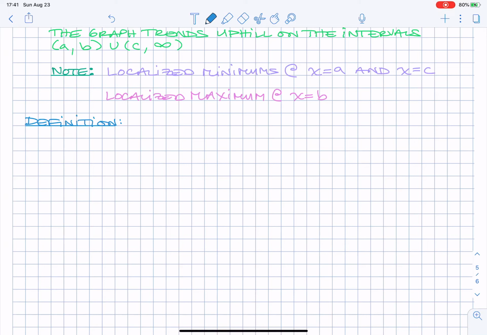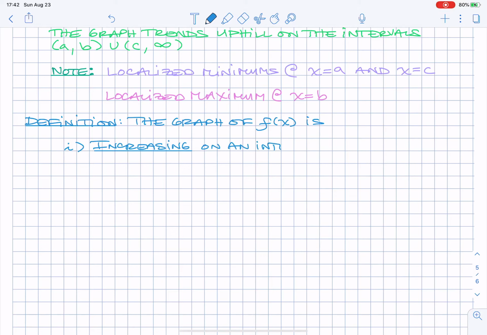So the graph of f of x is, number one, increasing on an interval I. Remember, this interval I is always values of x.